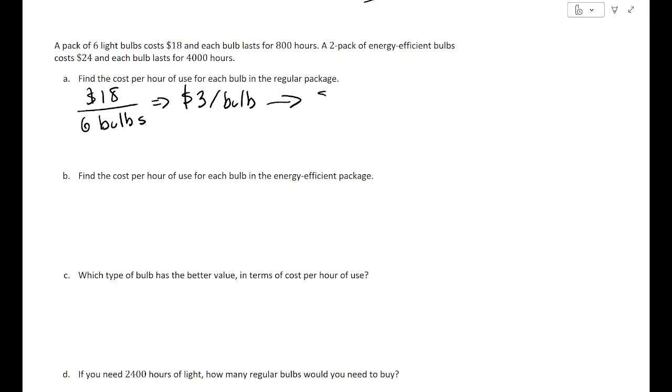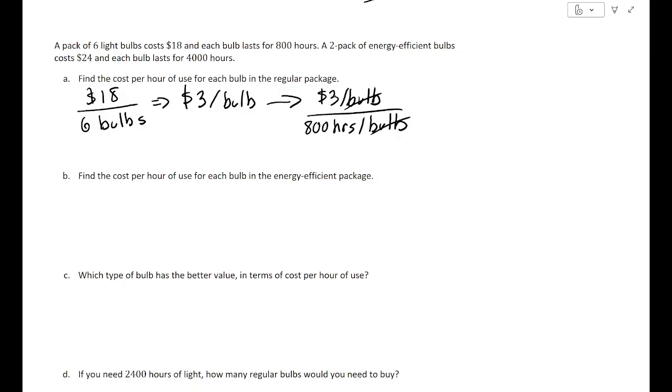So I know that it is $3 per bulb. And I know that it is 800 hours per bulb, because that's what it says. Each bulb lasts 800 hours. Well, I can see here that the bulbs cancel out, like so.